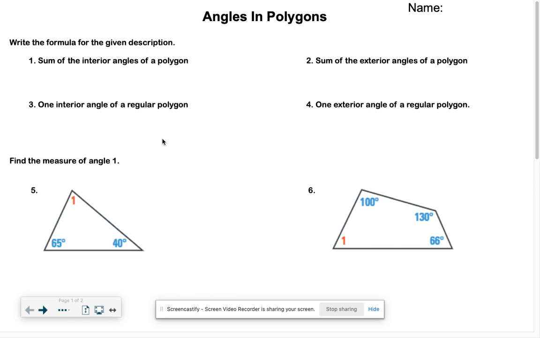Okay, so 1 through 4, we're just writing down the formula we would use given the description. So if we wanted to find what all the angles of a polygon add to on the inside, that's just our n minus 2 times 180.